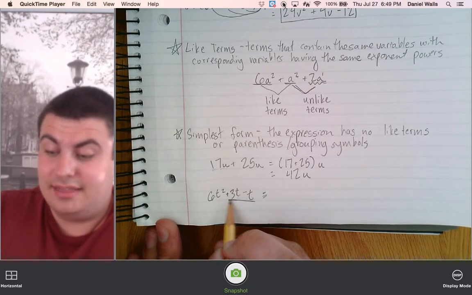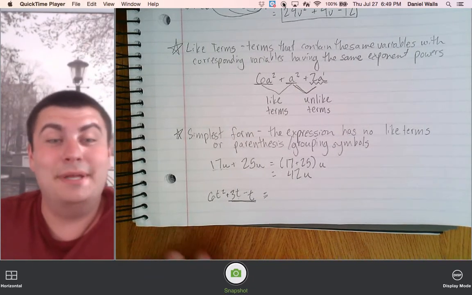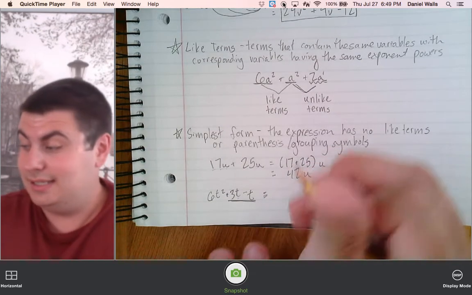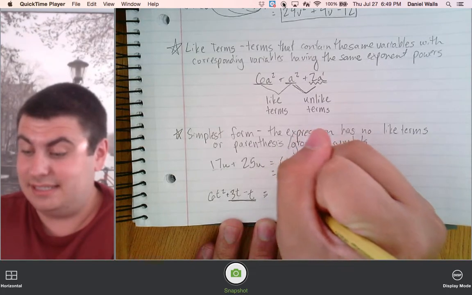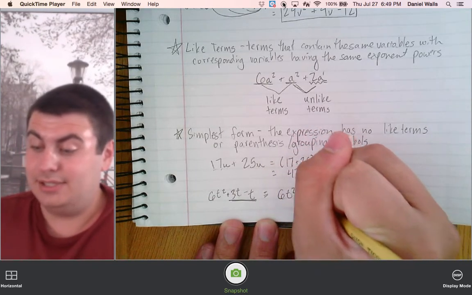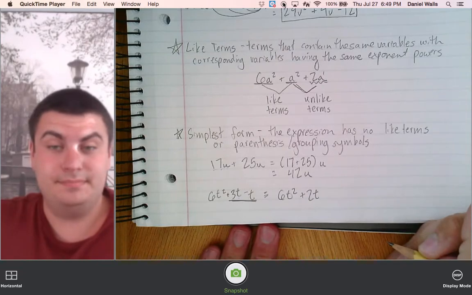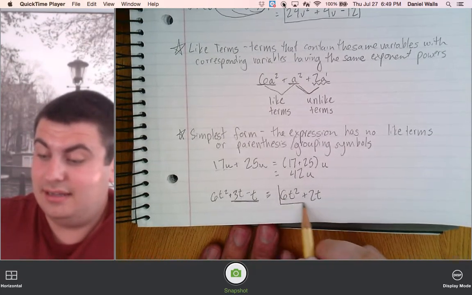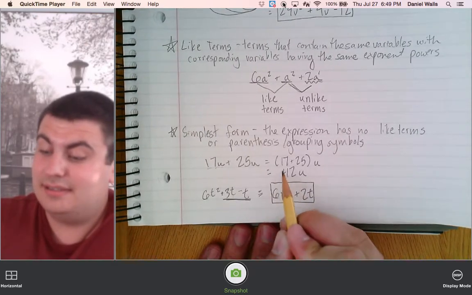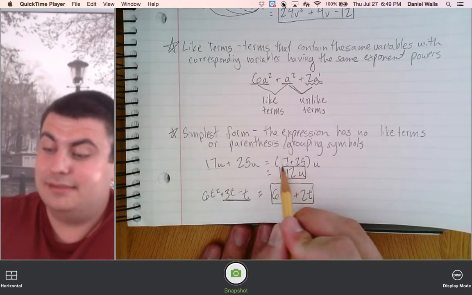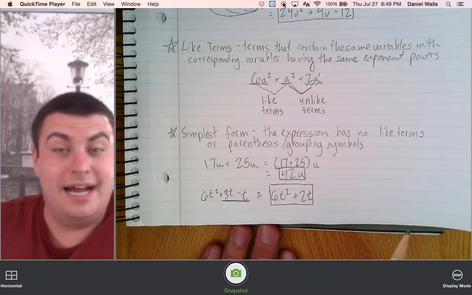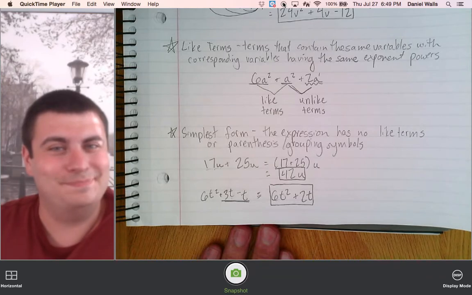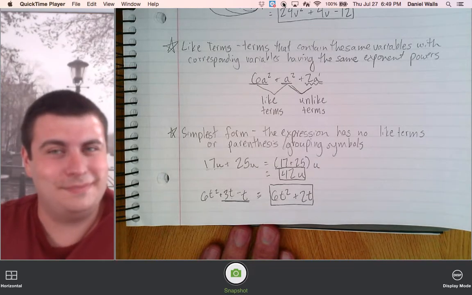I'm going to take 3t minus t and combine that. 3t minus t is like 3t minus 1t, so I would have 6t squared plus 2t. Now I don't have any like terms left and I don't have any grouping symbols left, so I have put things into simplest form. Why don't you try to simplify something? All right.